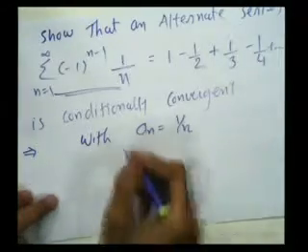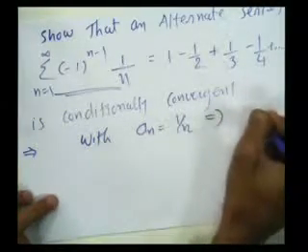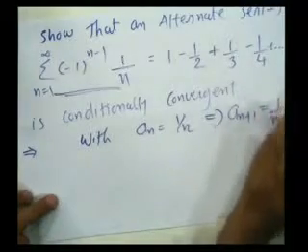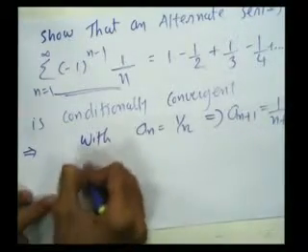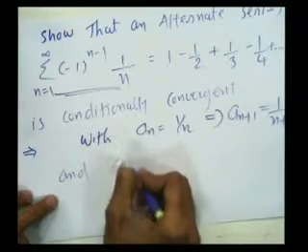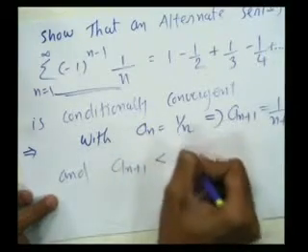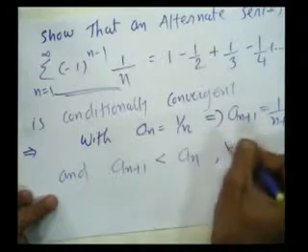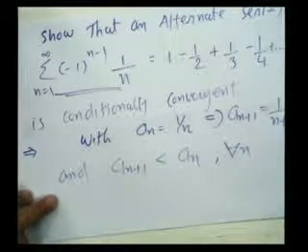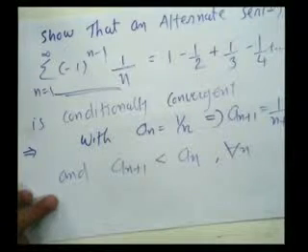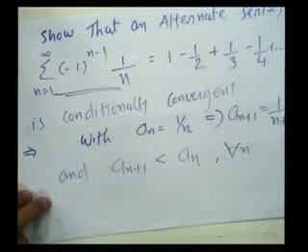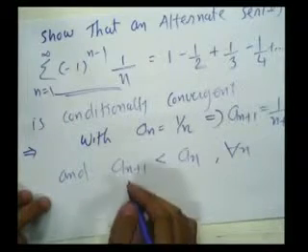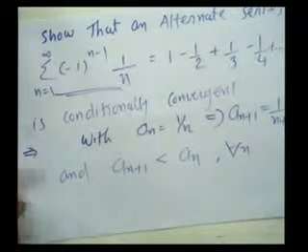So a_(n+1) is equal to 1 upon n plus 1, and a_(n+1) is less than a_n for every n. So this is the first condition for the Leibniz test.